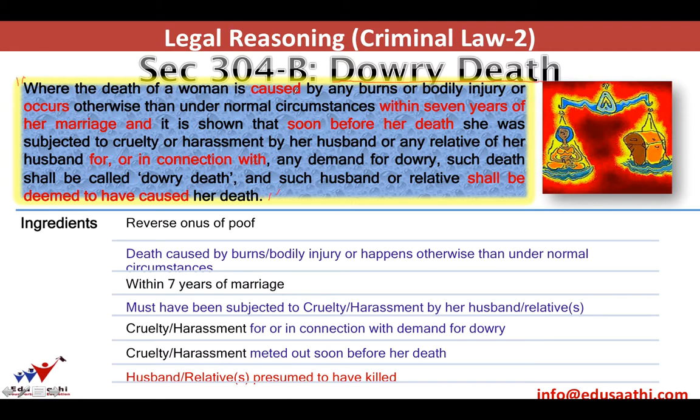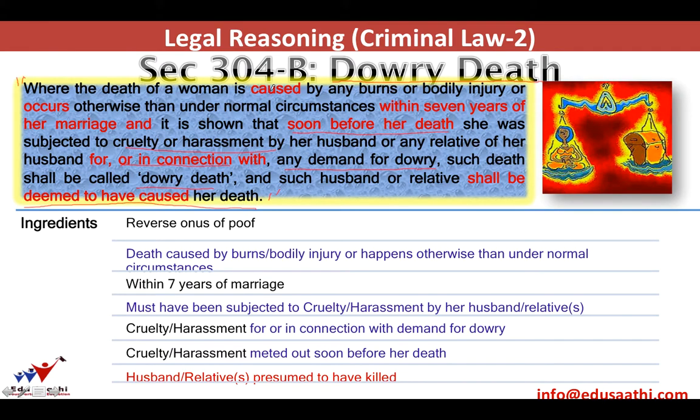Where the death of a woman is caused by any burns or bodily injury or occurs otherwise than under normal circumstances, so this whole line says the death must be caused under abnormal circumstances within 7 years of her marriage, and it is shown that soon before her death she was subjected to cruelty or harassment by her husband or any relative of her husband for or in connection with any demand for dowry. Such death shall be called dowry death, and such husband or relative shall be deemed to have caused her death.